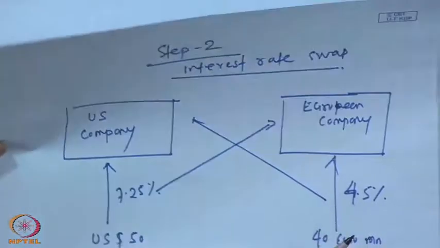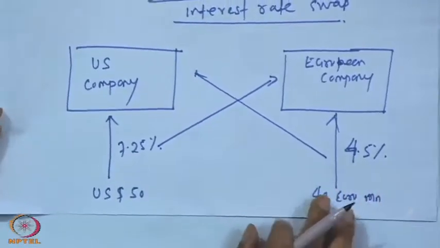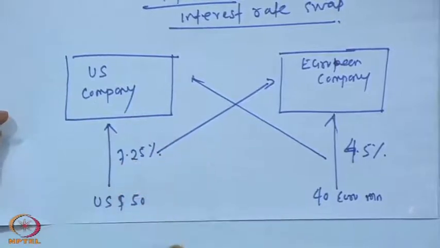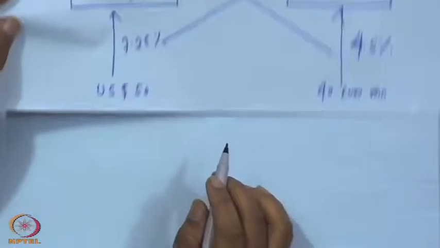Every year the transaction will take place. Suppose the interest payments are annual, so periodic payment is annualized. What is the interest company A will pay?